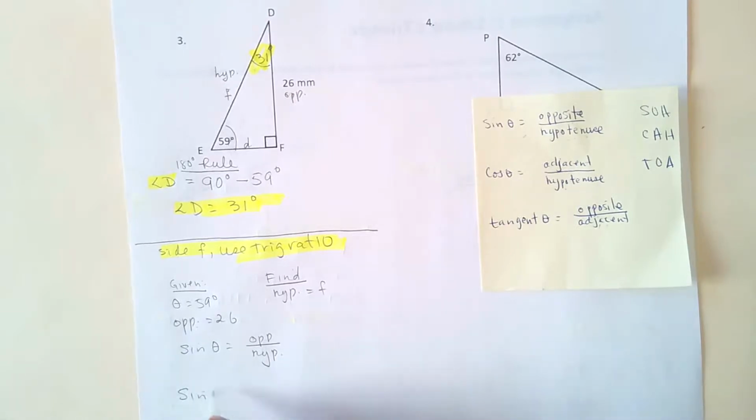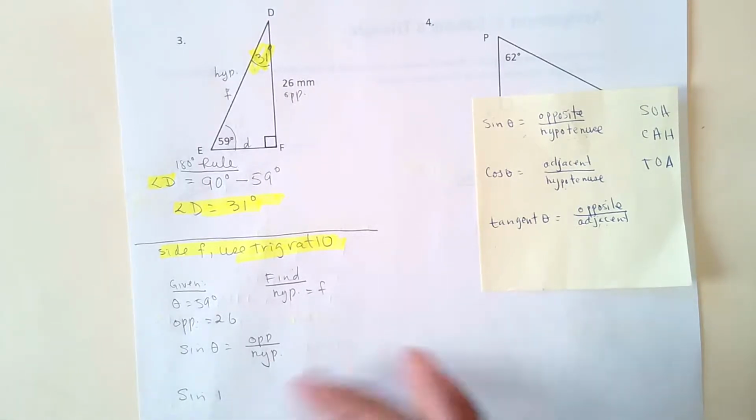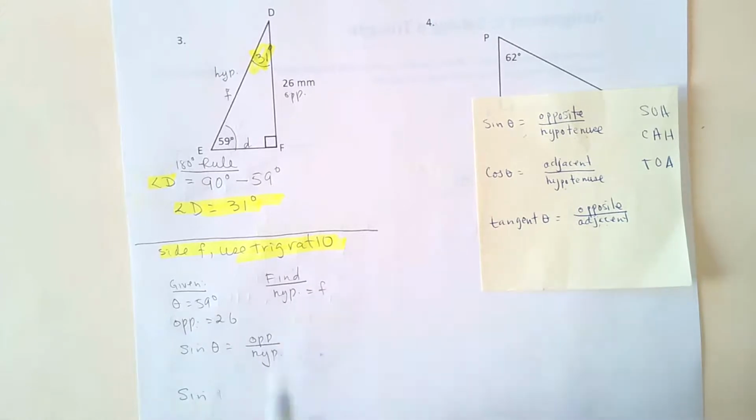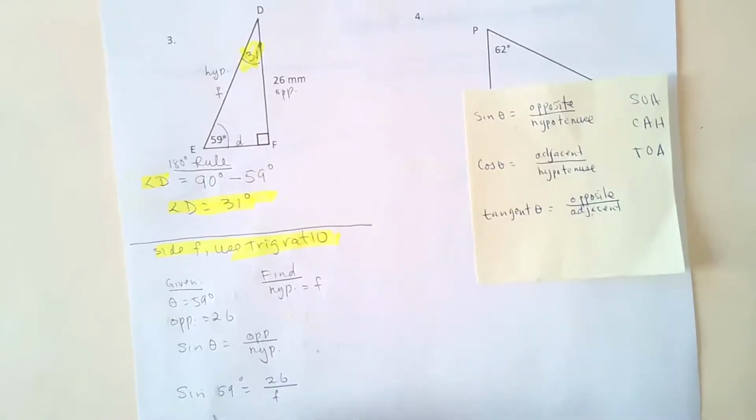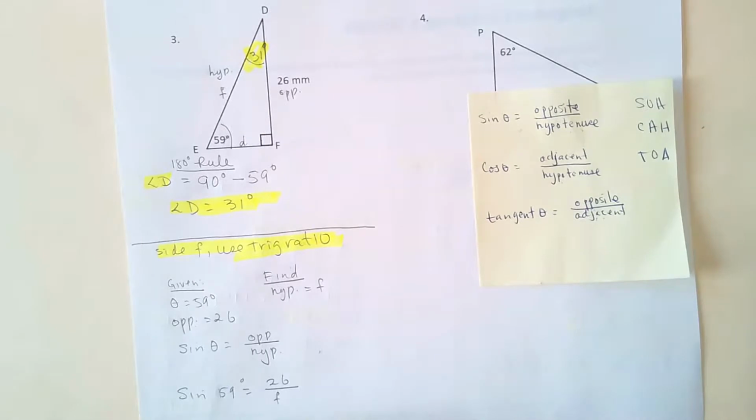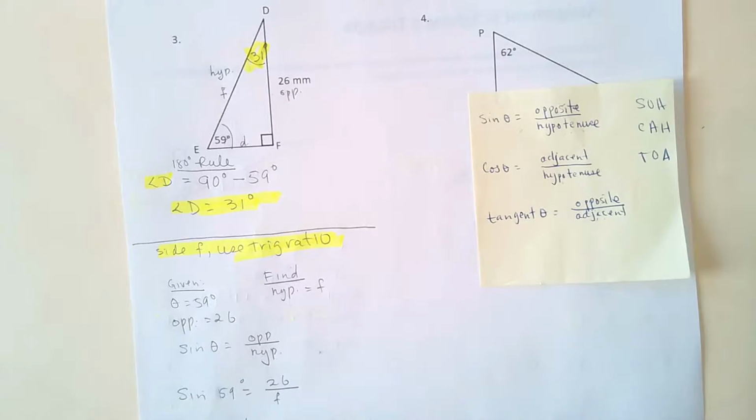So sine 59 degrees is equal to opposite, which is 26 over F. So F is equal to 26 divided by sine 59.